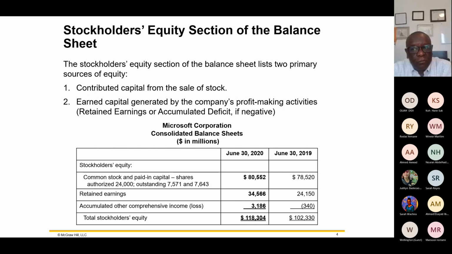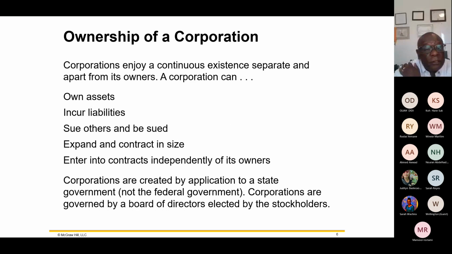Because after the net profit, what we have is the appropriation. Then dividend is this much declared, and this is much paid. So that affects our stockholders' equity. So we need to know what stockholders' equity is and the implication of ownership.